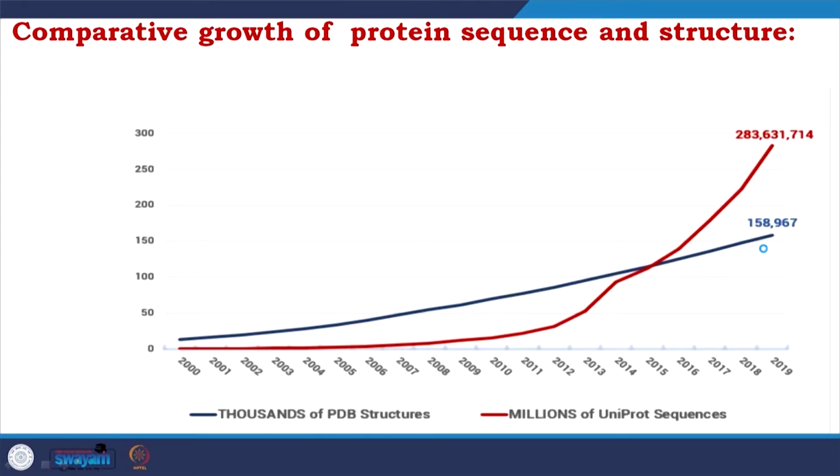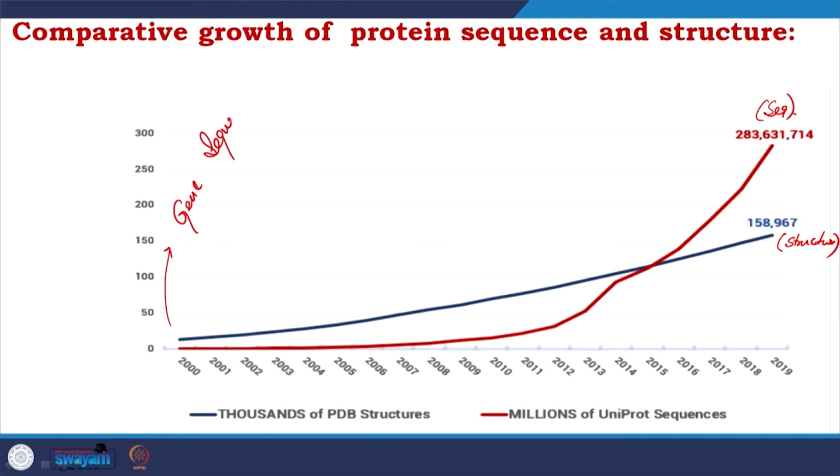Now look at the data, the comparative growth of the number of protein sequences to protein structures. See, very interestingly, this is structure and this is sequence. Initially the sequence count was much lower, at the time of gene sequencing.